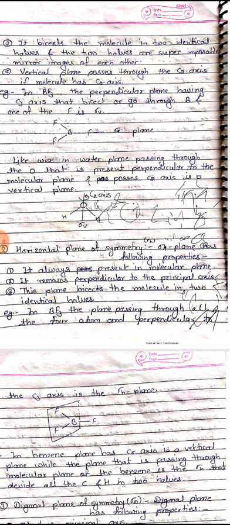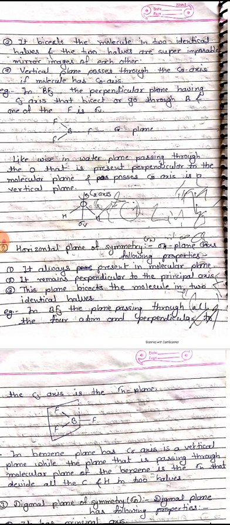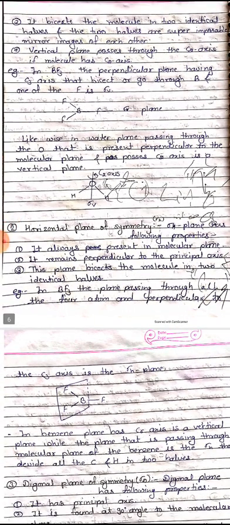Third, this plane bisects the molecule into two superimposable identical halves. If these three conditions are there, then the plane will be regarded as the horizontal plane, or it is also termed the sigma H plane. In the BF3 molecule, the plane is the trigonal plane in which all the fluorines and boron are present. This plane is perpendicular to the principal axis C3.